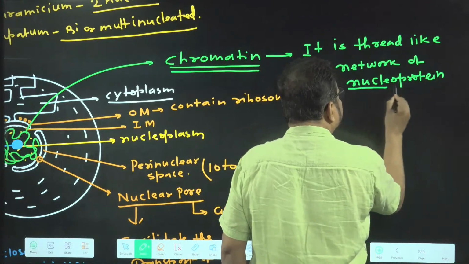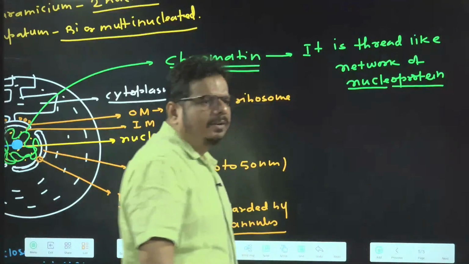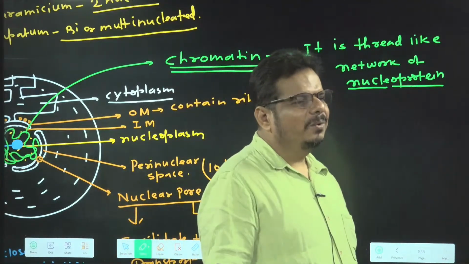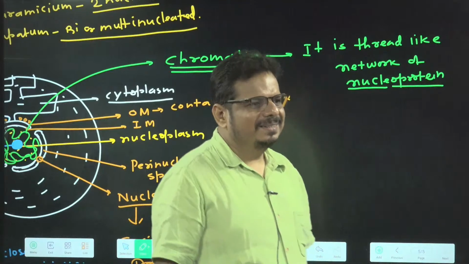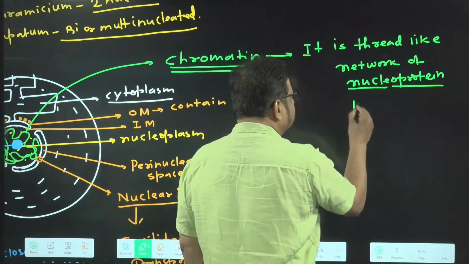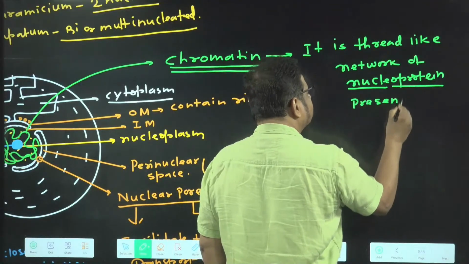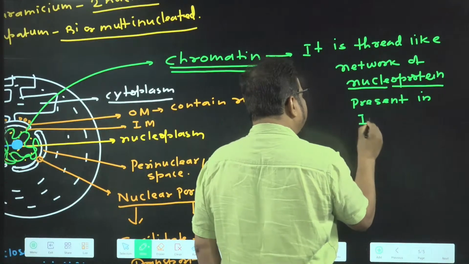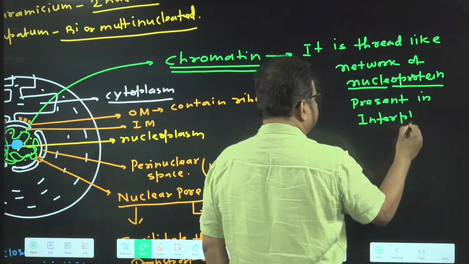Nucleoprotein means what? Two components are there: nucleic acid and protein. So this is a thread-like network of nucleoprotein present in the interphasic nucleus.